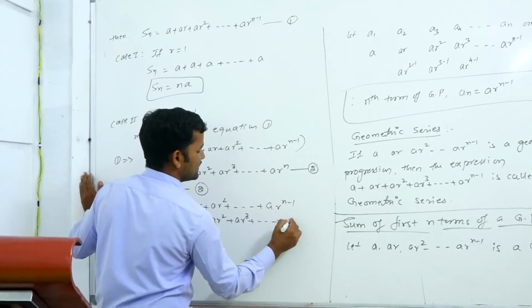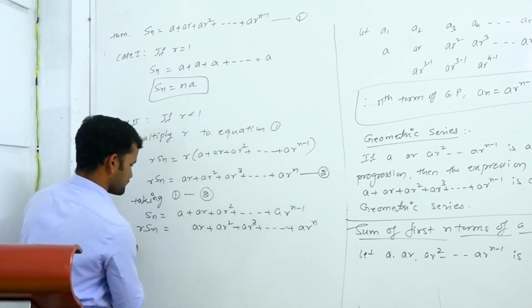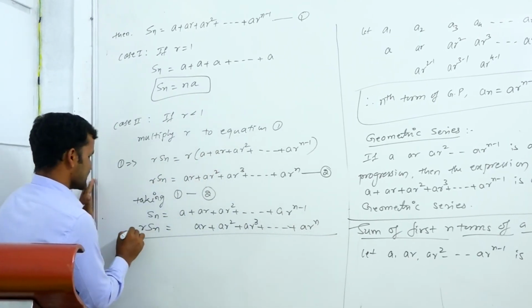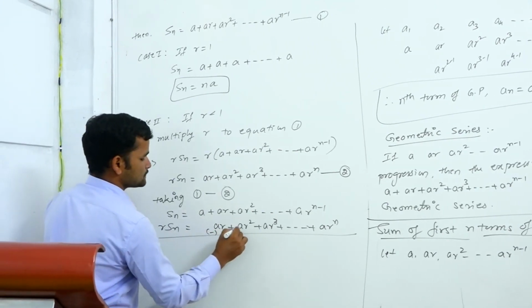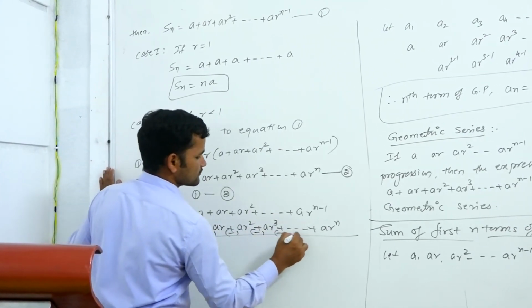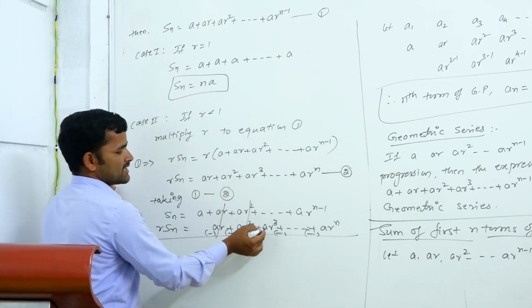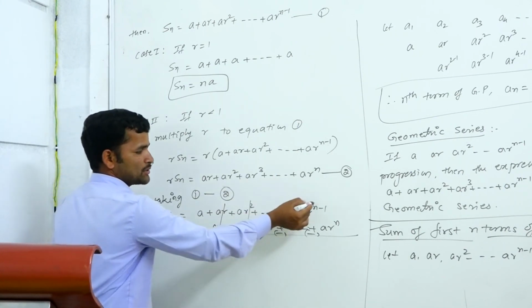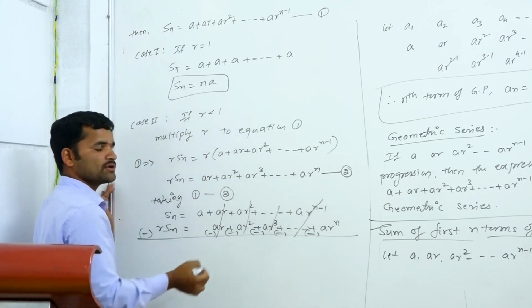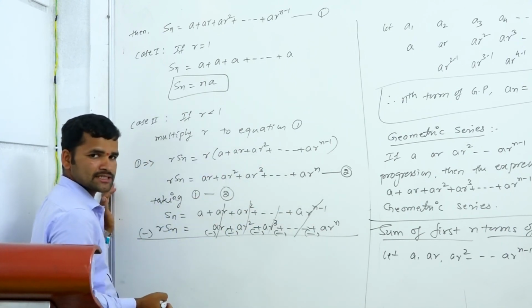Last term will be a into r to the power of n. We are subtracting, so change the sign here. ar square, ar cube, up to a into r to the power of n minus 1 will get cancelled out.